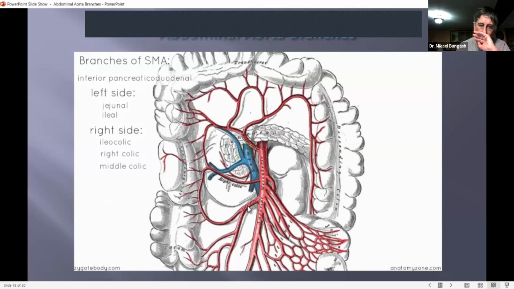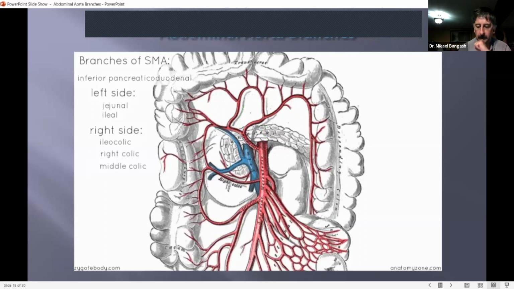So the right branch anastomoses with the ascending branch of the right colic artery, and the left branch anastomoses with a branch which comes off the left colic artery, and the left colic artery I'll come on to in a tutorial on the inferior mesenteric artery. So the middle colic artery supplies the proximal 2/3 of the transverse colon.